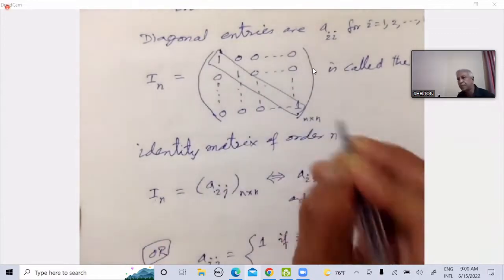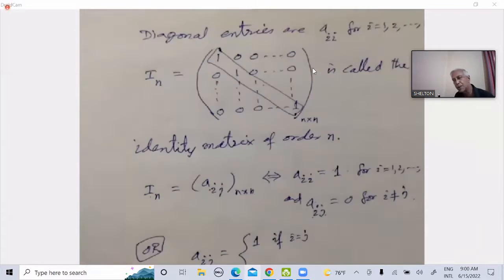Only square matrices have diagonals. A rectangle also has a diagonal, but in the language of matrices we only talk about diagonals for square matrices.